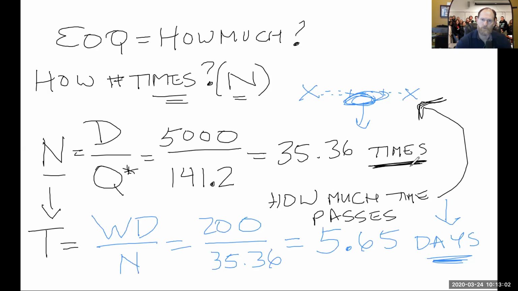Okay, so two different questions that complement this question. And then the next thing we're going to talk about kind of complements EOQ, but it's not EOQ. And that is a thing called ROP. ROP stands for reorder point.